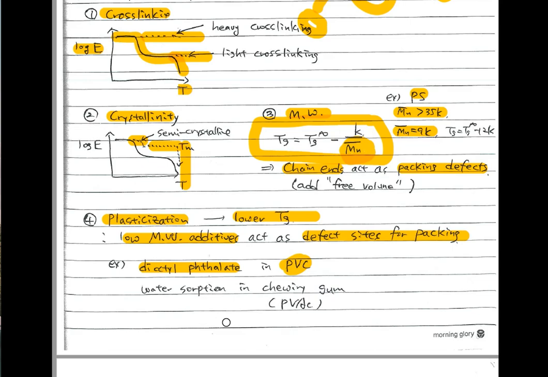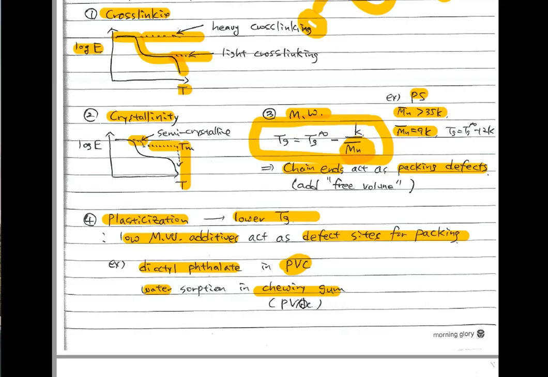Another example is the water in chewing gum. You have experienced chewing gum, right? Gum is basically solid. But if you put it inside your mouth, because of water absorption, water acts as a kind of plasticizer inside the chewing gum.